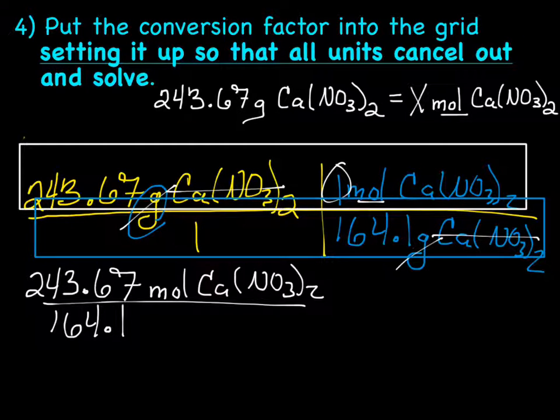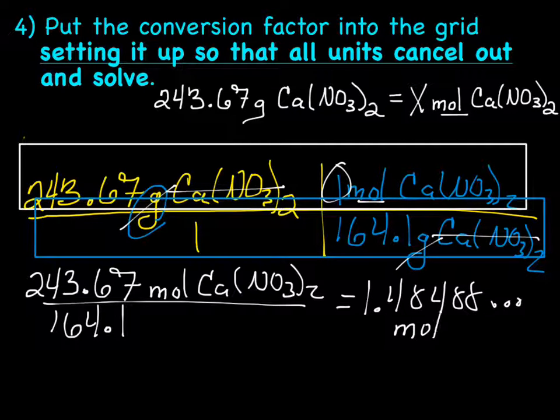And when I divide, please double check me. My calculator shows me 1.48488 and some more numbers, keeping our units mole of Ca(NO3)2. If you'd like to round, keep just 2 digits after the decimal.